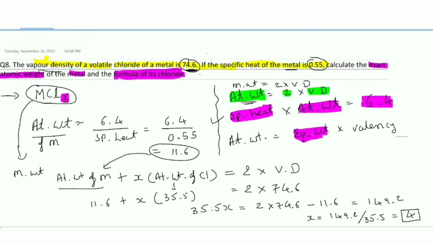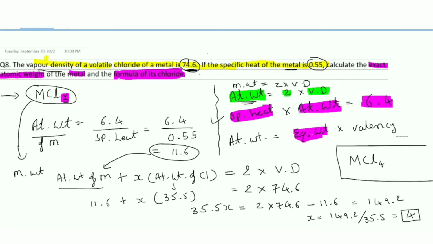So if x is 4, the formula of the metal chloride is MCl4. And the atomic weight we have already calculated. So these are our two answers: 11.6 is the atomic weight of the metal, and the formula is MCl4.